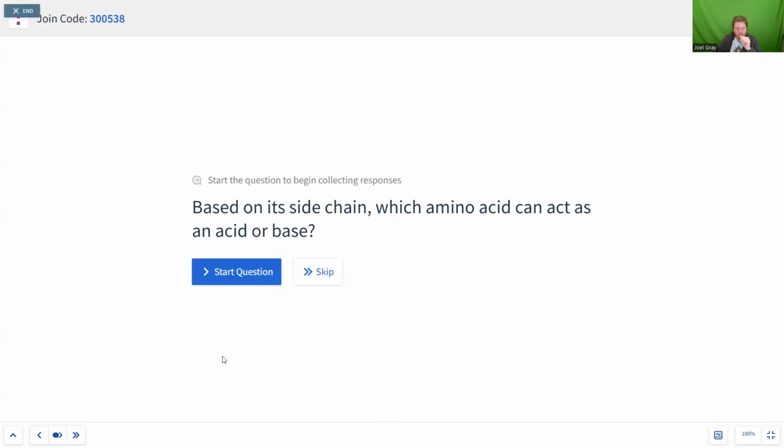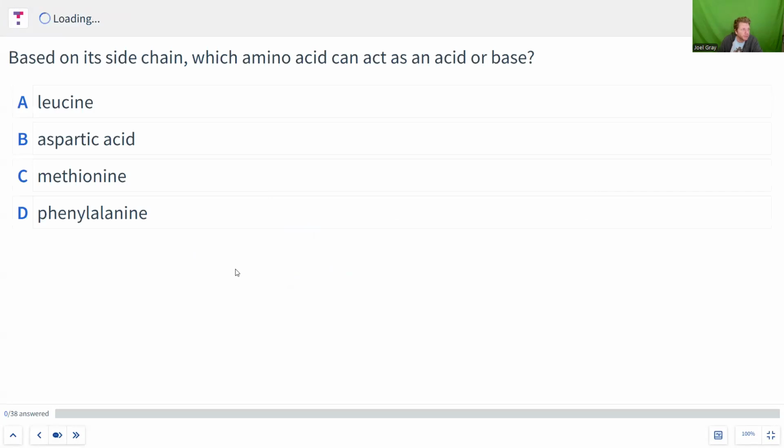Now, with that, I want you to have this Top Hat question. Think about amino acid R groups and think about a definition of an acid or a base. What is an acid? What is a base? Well, we've got protons moving around. That's about it.